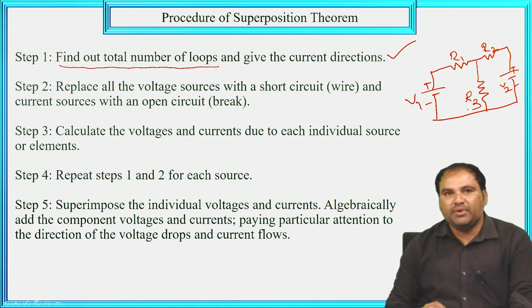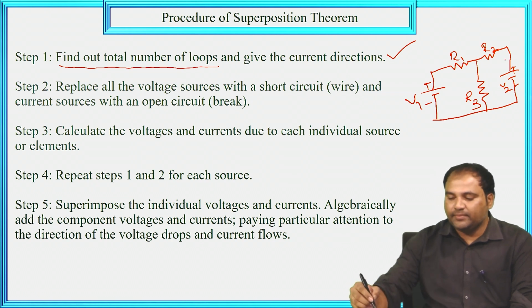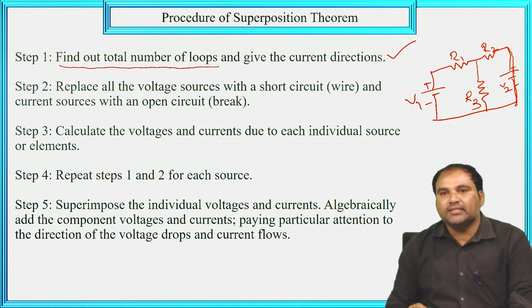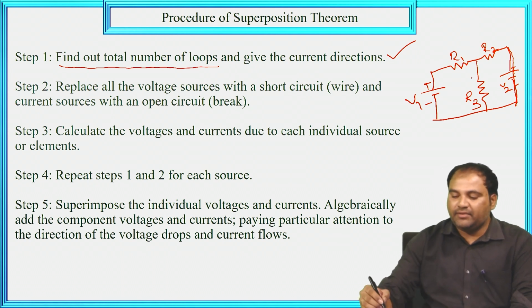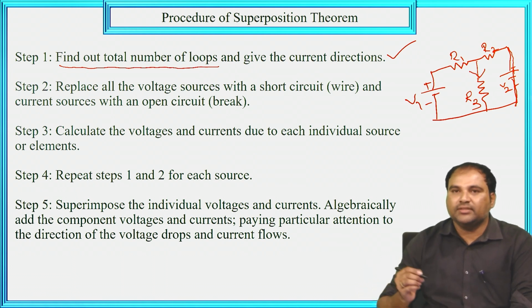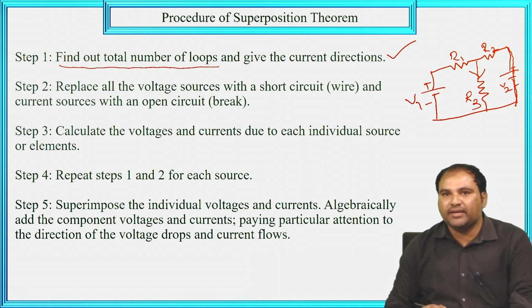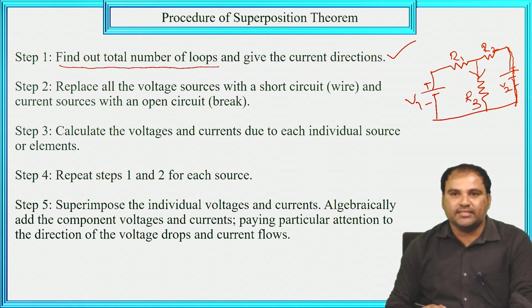Here step number 2 is we need to short circuit the secondary voltage source. Then we need to find out the current through this R3 resistor, or the current through the R1 resistor, or the current through the R2 resistor. That is step number 2.